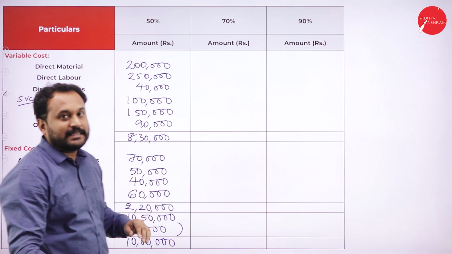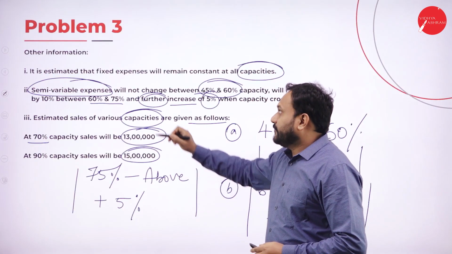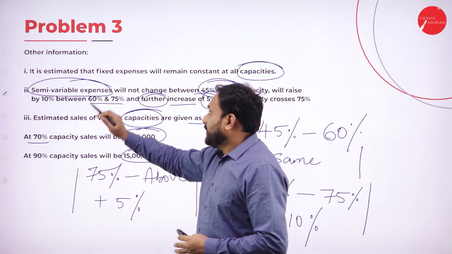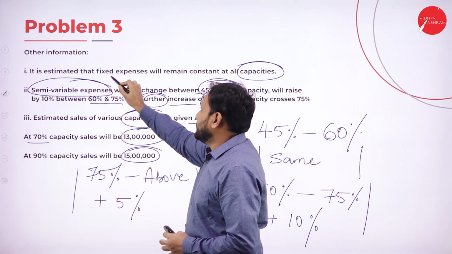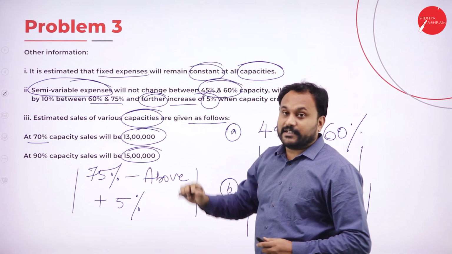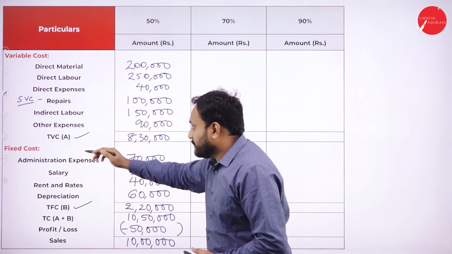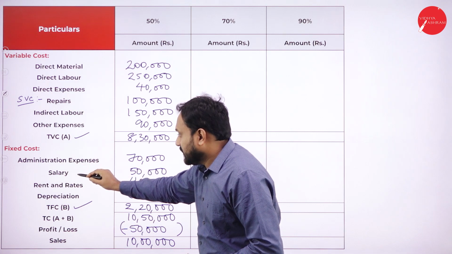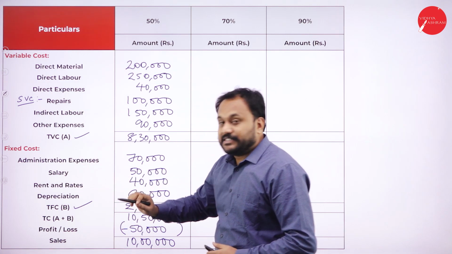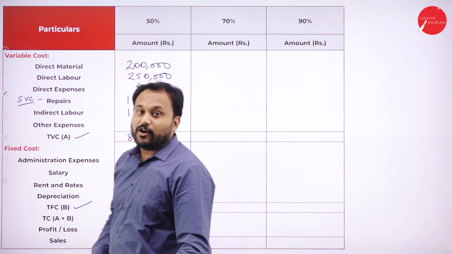But in the problem they said something. Let's go with the estimation and the adjustment. The first information is that it is estimated that fixed expenses will remain constant. That means it is the same one. That means the fixed cost, administration, salary, rent, depreciation, and total fixed cost remain the same at all capacities.